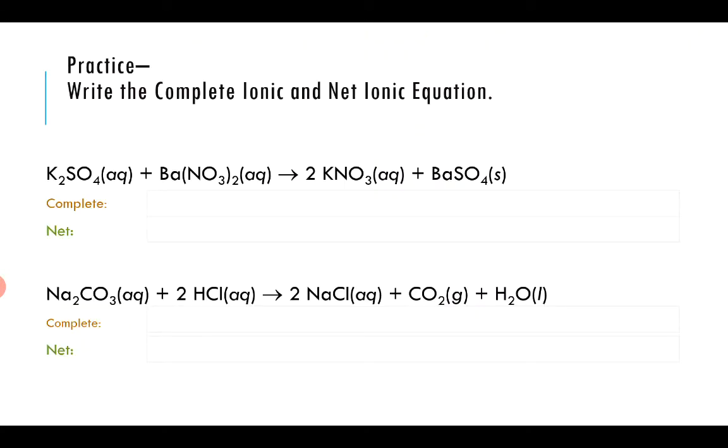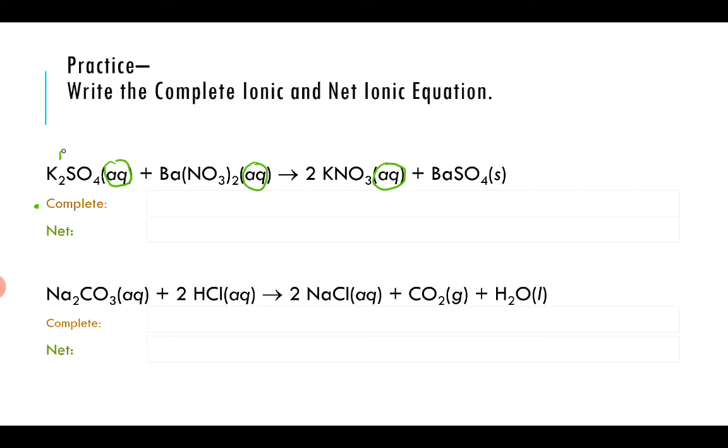Okay, here's a practice problem for you. Go ahead and pause the video and try to work it out on your own. Okay, let's go over this. So I need to first identify what needs to be ionized in my complete ionic equation and what shouldn't. And so this is aqueous, aqueous, aqueous.